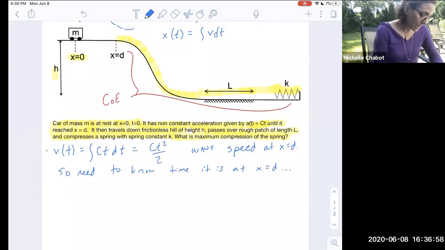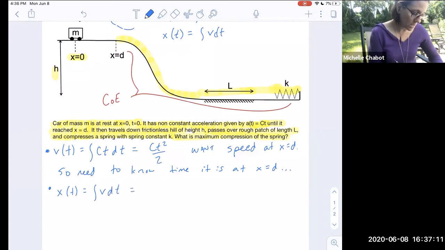So what we need to do is take another integral to get position as a function of time from our function for acceleration. So that'd be the integral of velocity dt, so the integral of ct squared over 2 dt.